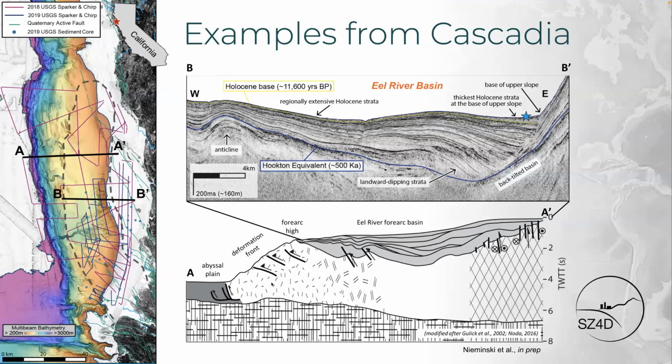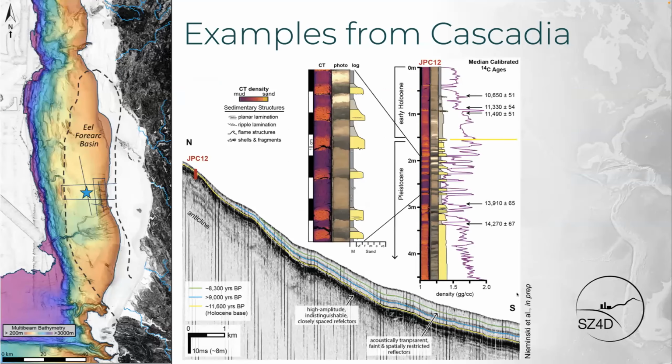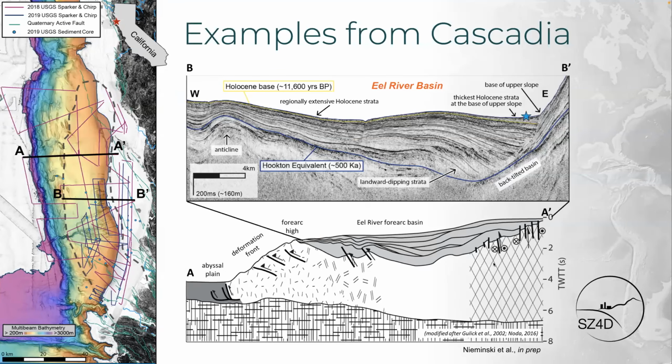So here we can see the faults in the forearc, the overall thickness and geometry of the forearc basin, and changes in the composition of the forearc crust can be revealed that are one potential control on this sedimentary system.